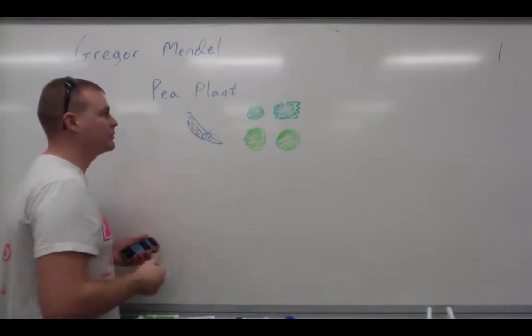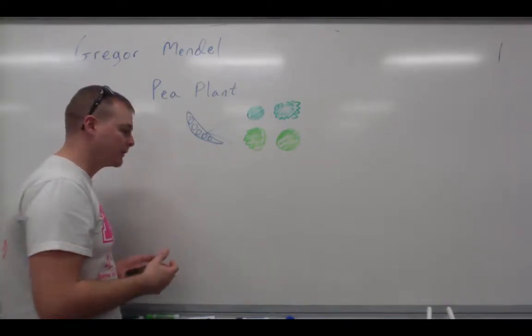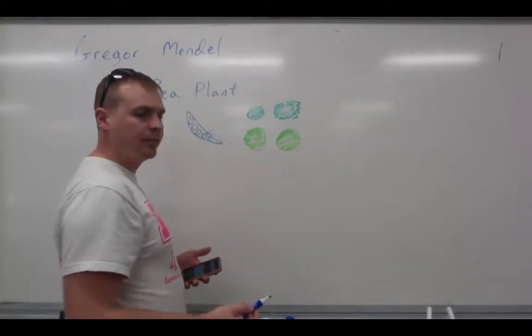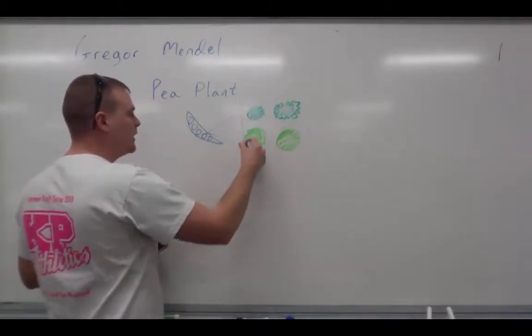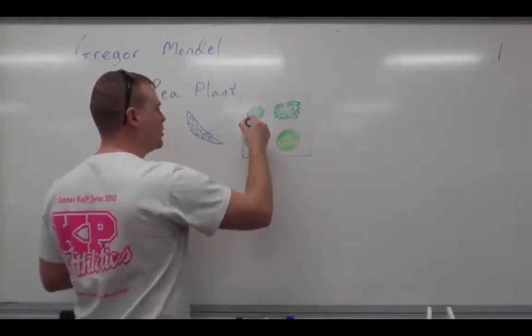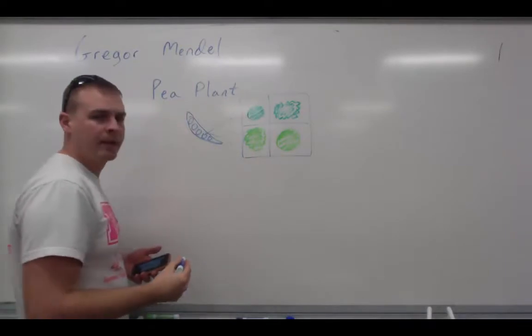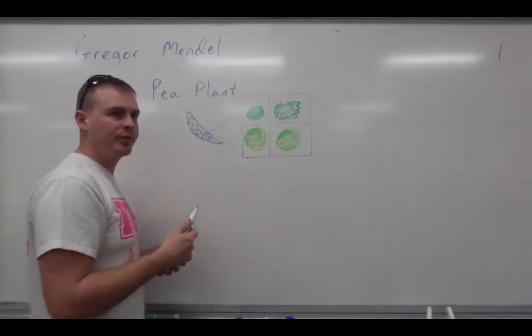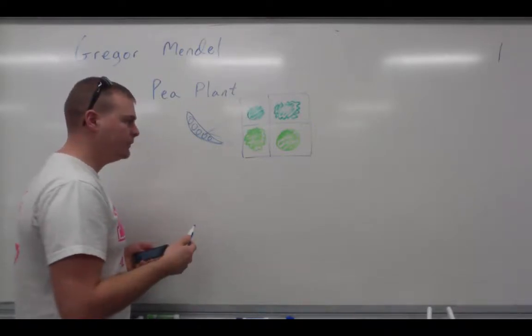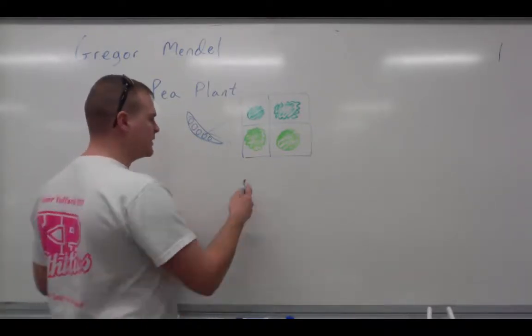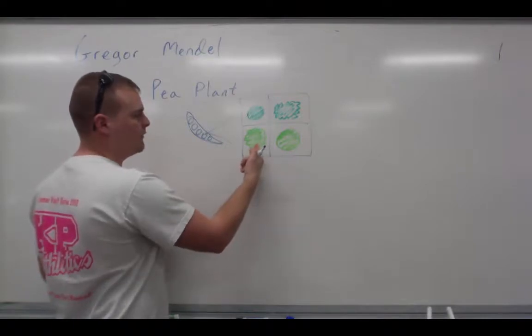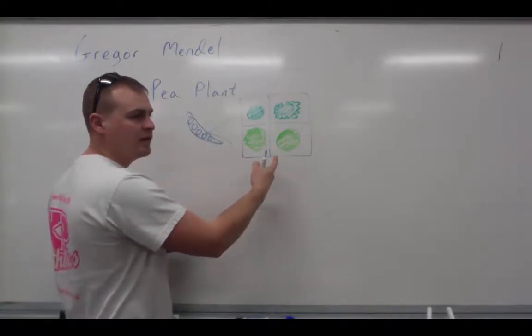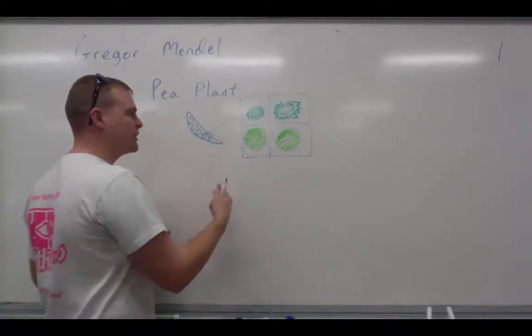So this guy, Gregor Mendel, was like, well, what the heck's going on? He ends up developing this idea into what's called a Punnett square. This idea is I have different percentages of offspring. And he started to see these percents. He said, well, I've got 25% of these, 25% of these, 25% of these, and 25% of these.